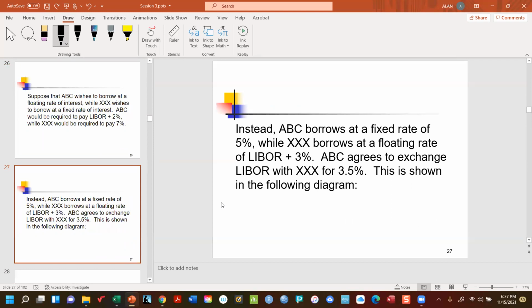ABC will borrow in the market where they have their competitive advantage, the fixed rate. XXX borrows the floating rate at LIBOR plus 3. Then they get together and say, all right, ABC will pay LIBOR to XXX in exchange for 3.5%.